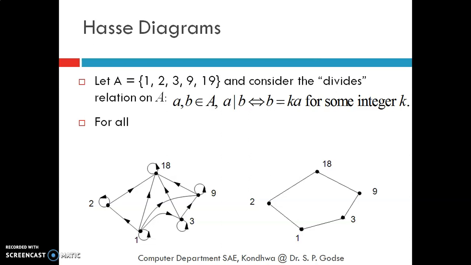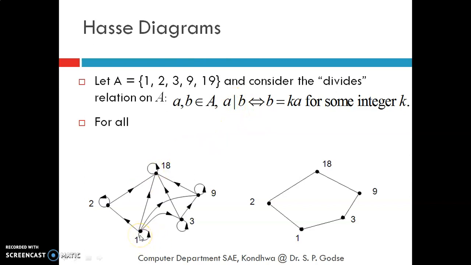This is the divides relation on set A, and it is a partial order relation. This partial order relation is initially represented by a diagram. You can see the diagram corresponding to the divides relation.